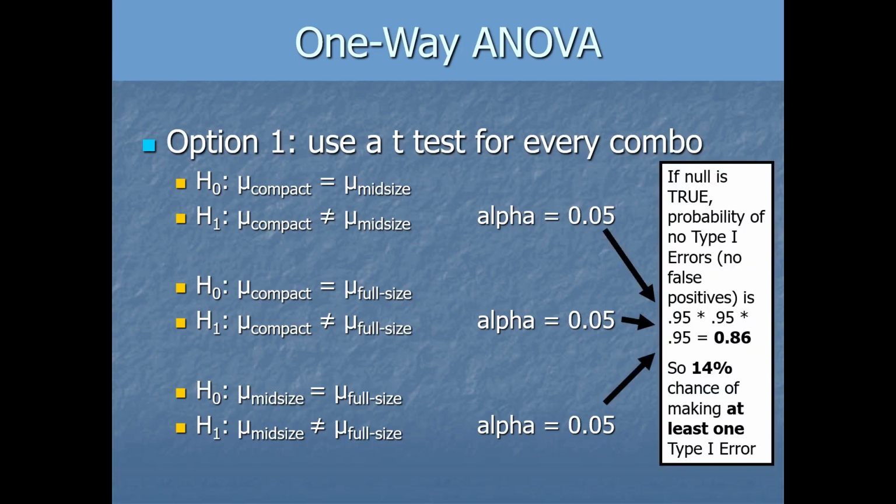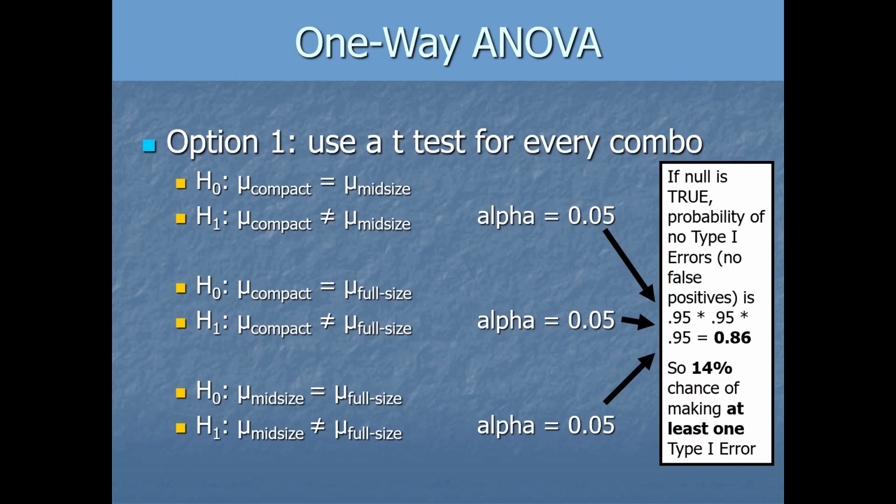Now, if all those null hypotheses are true, let's say there's no difference in safety for car sizes, then the probability of me avoiding a false positive would be, well, let's see, if there's a 5% chance of false positive, then it'd be 95% times 95% times 95%, which is only an 86% chance of totally avoiding a false positive.